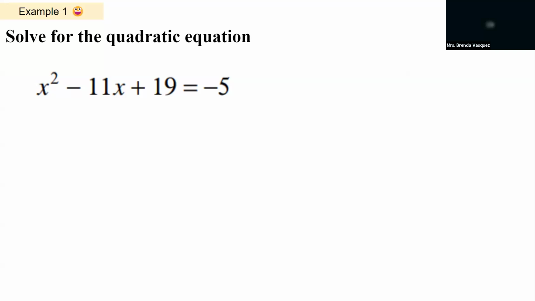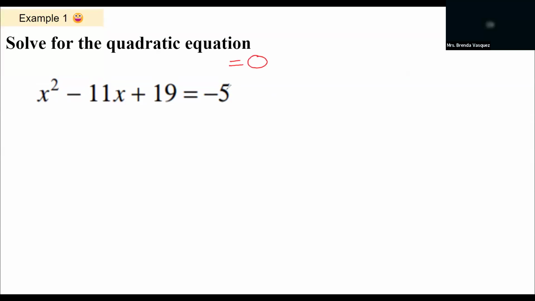So in this case, we're used to seeing our right side equal to 0. Well, it is not 0, it is -5. However, we can manipulate our equation so that it does look like 0.